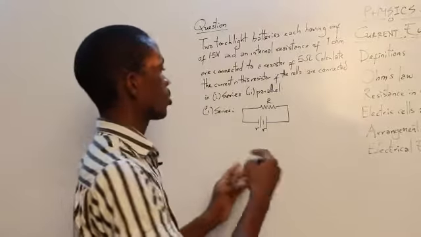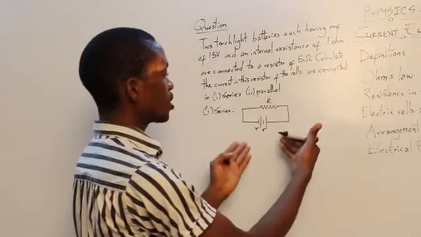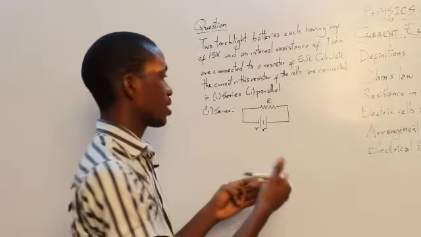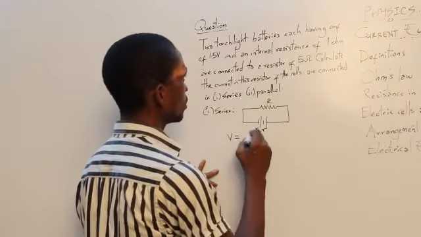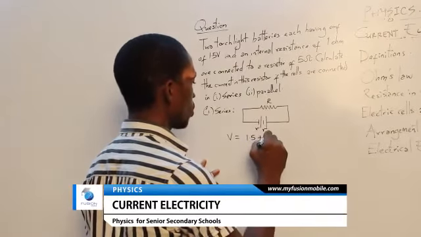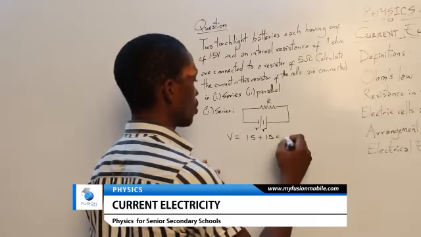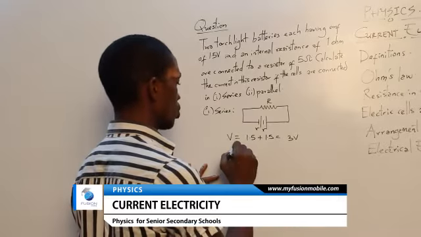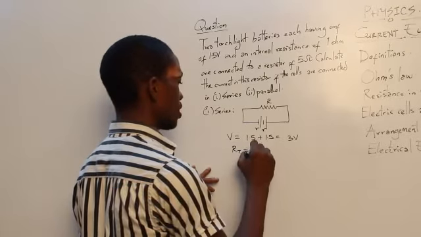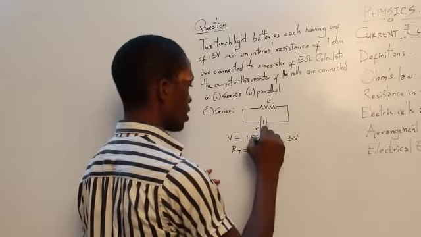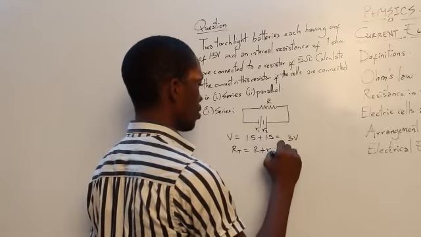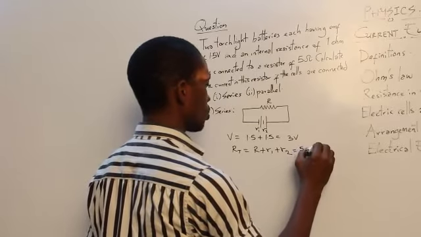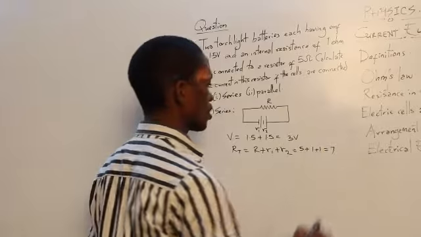Since it's all connected in series, the total resistance can be calculated, and the voltage is also connected in series, so the total voltage can also be calculated. Total voltage would be 1.5 plus 1.5, which would give us 3 volts. Total resistance would be R plus, let me call these R1 and R2, R1 and R2 are the same, so that will give us 5 plus 1 plus 1, which equals 7.